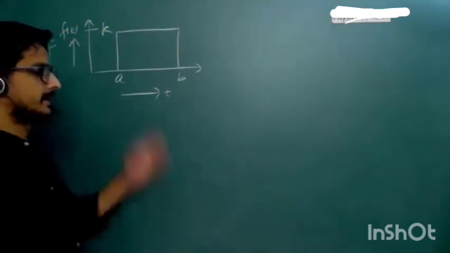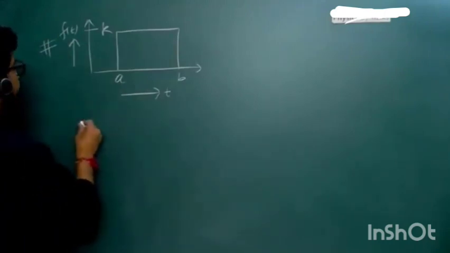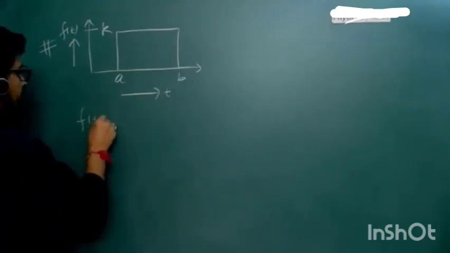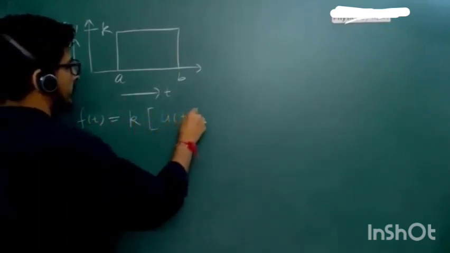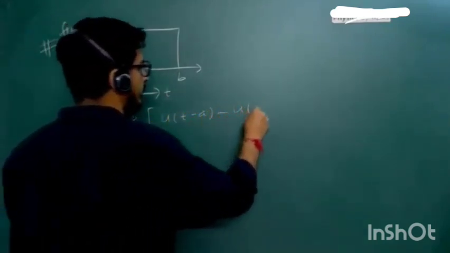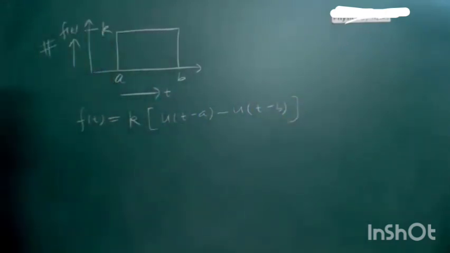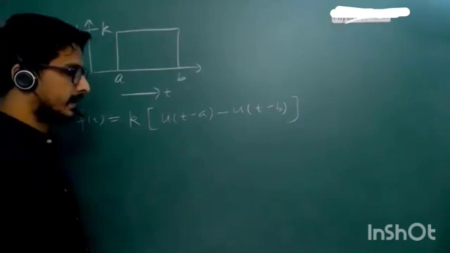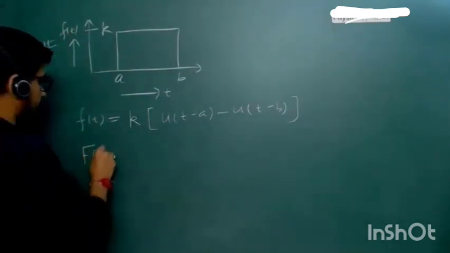We can do it by basic method also. But if you see, this time ft is equal to k times u of t minus a minus u of t minus b. I told you that the barrier function can be written as a unit step function, correct? Yes, sir. So what will be the value of fs?